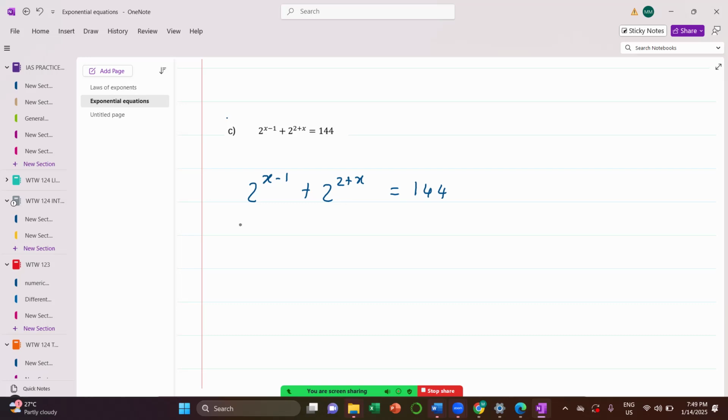So do you guys allow me to re-express this? Remember that now the first term can actually be written as 2 to the exponent of x times 2 to the exponent of negative 1, plus 2 to the exponent of 2 multiplied by 2 to the exponent of x, all equal to 144.